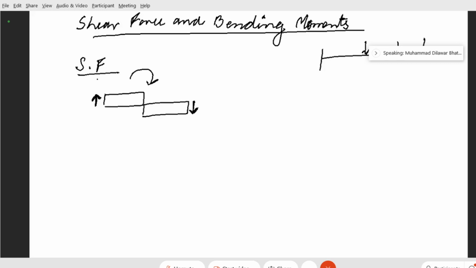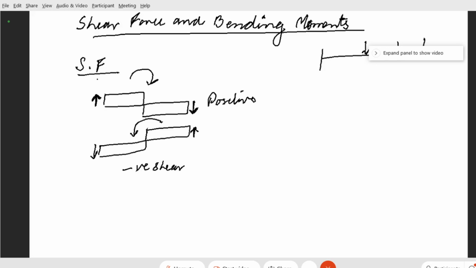And vice versa, when the left part is going downwards and the right part upwards, the direction is anti-clockwise, and then we say this is negative shear. When it goes in clockwise direction, we say it is positive shear.